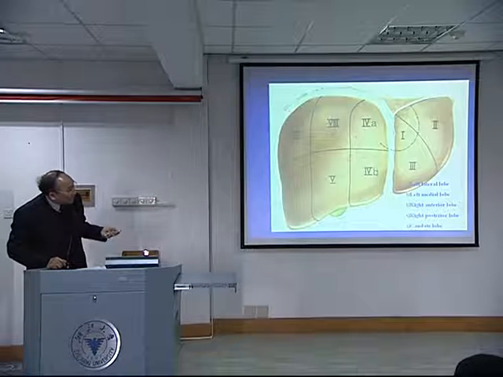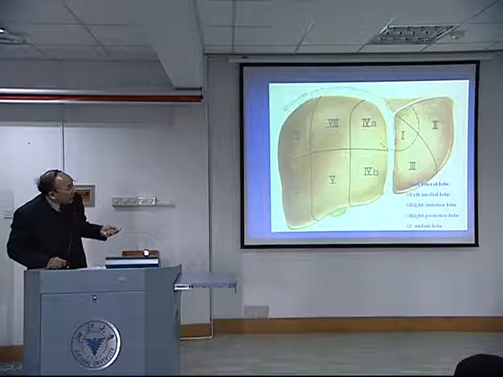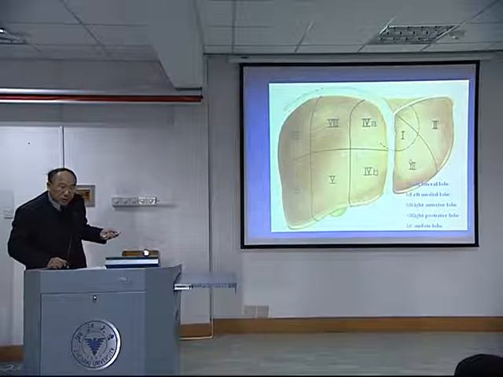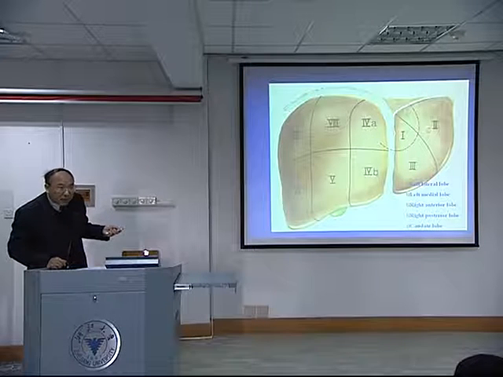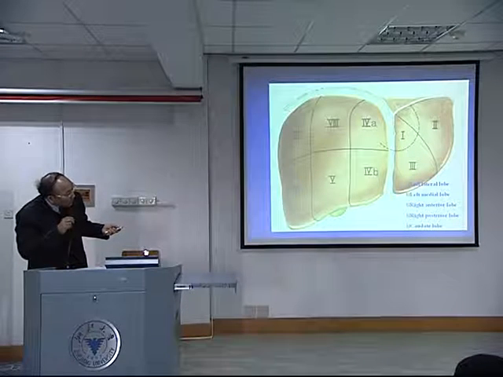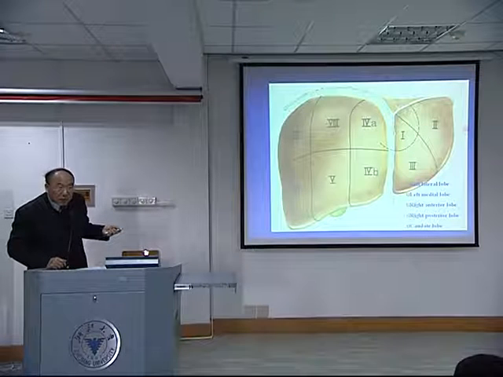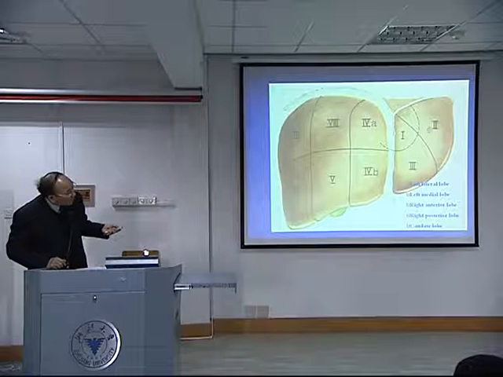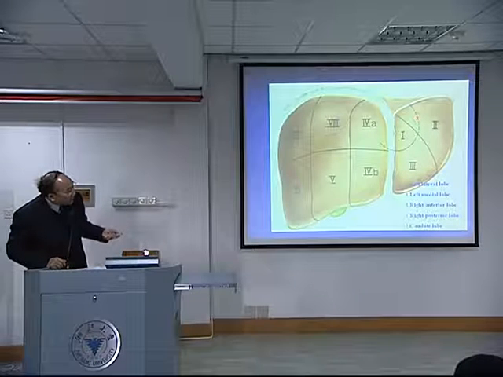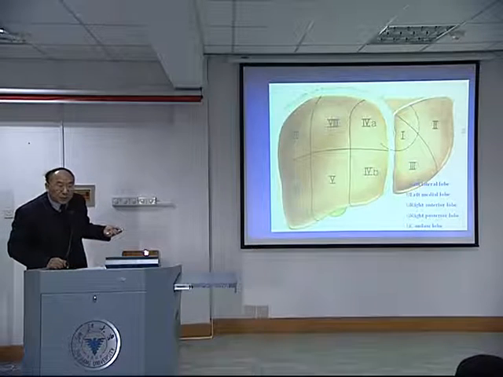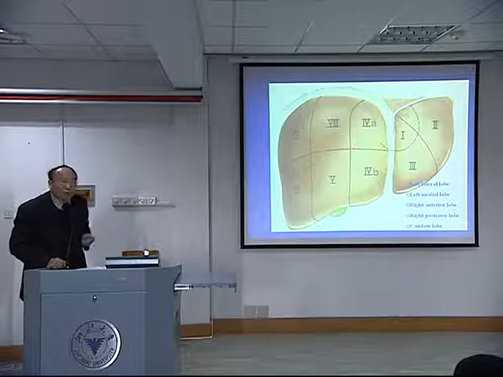The benefit is in operation. For example, if a tumor is located here, we do a segmentectomy. It means segment 2 segmentectomy. Or if the tumor is located here, we usually do a left lobectomy. So it's very useful, I think.